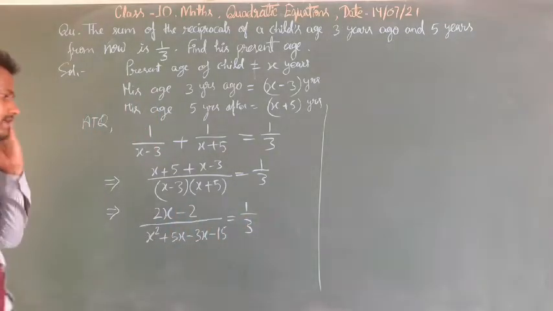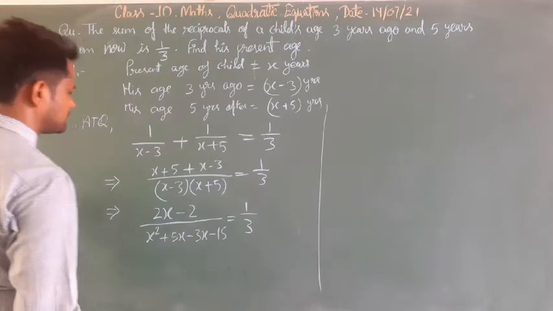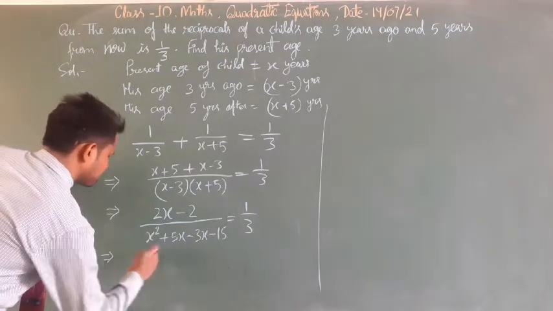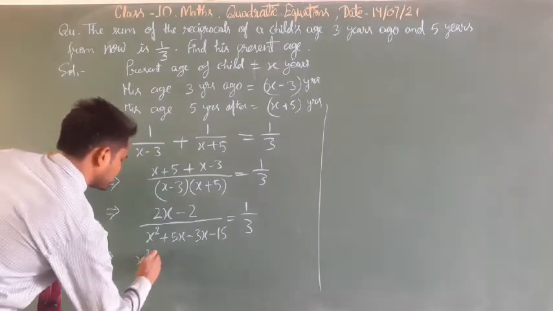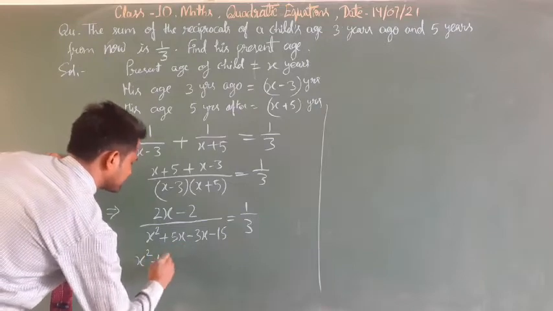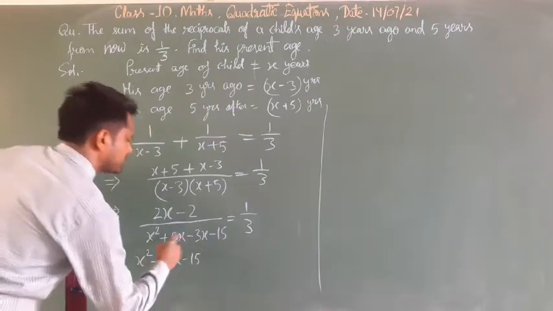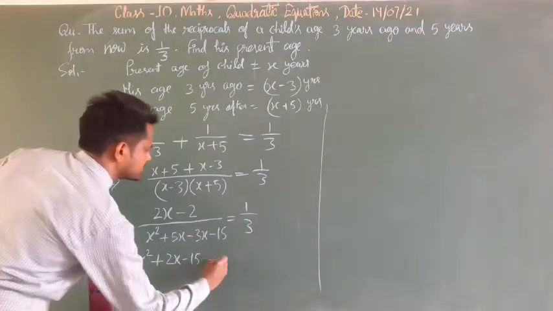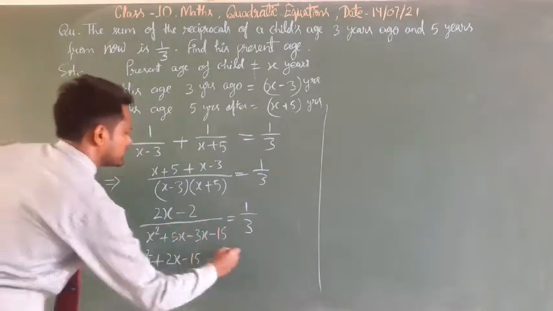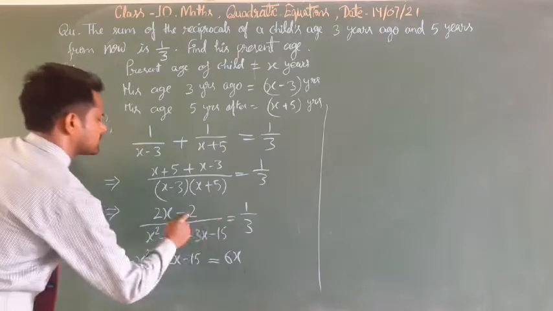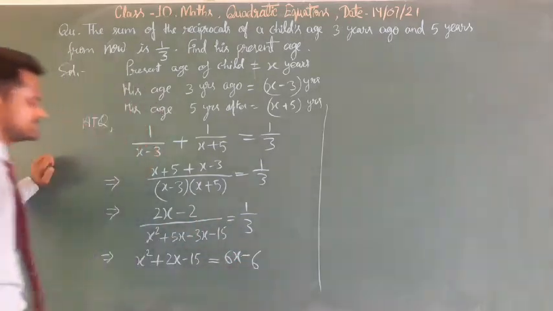Got it? Now cross multiply. We get x square plus 5x minus 3x, that is 2x, minus 15 multiplied by 1, you get the same, and here 3 times 2x is 6x, 3 times minus 2 is minus 6.